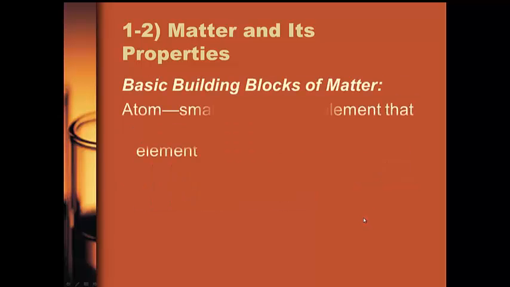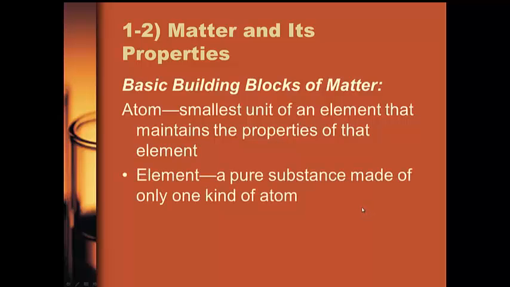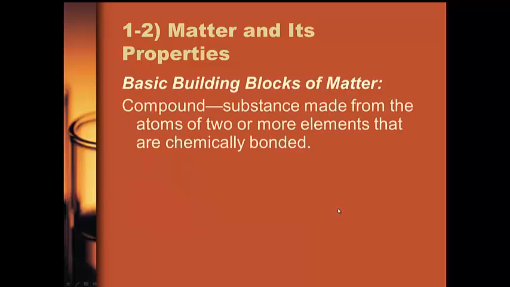Okay, basic building blocks of matter. Atoms. These are the smallest units of an element containing the properties of that element. What's an element? It's a pure substance made up of only one kind of atom. Examples are all the things that are on your periodic table. A compound has two or more different elements chemically bonded together.